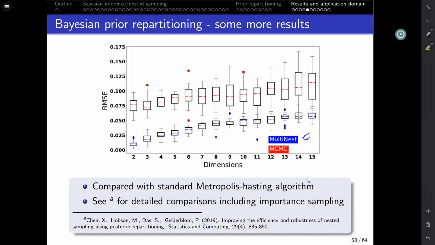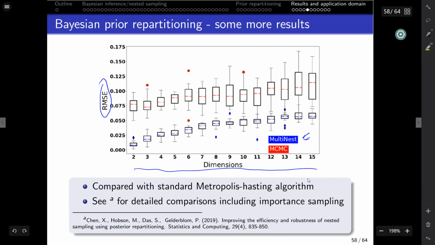So it did a better job regarding the root mean square error when using the same problems with the setup we just introduced in high dimensional problems. Well, when we say high dimensional here, it's compared with dimension 1 to 5. So here we tested only up to dimension 15. We have 15 dimensional cases.